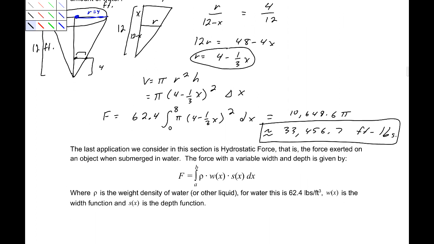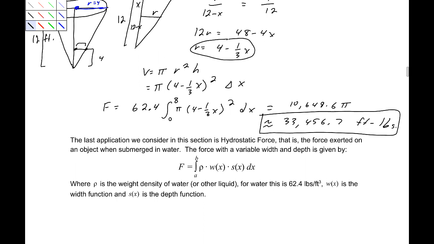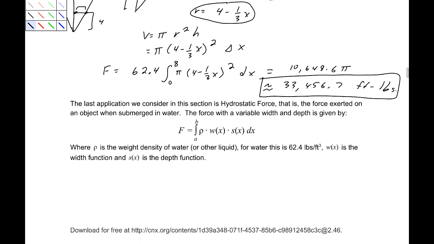If we have a force with a variable width and a variable depth, then our force is given by F equals the integral from a to b of rho, the weight density of the water, times w of x, a width function, times s of x, the depth function. Let's jump into the problem and see if we can make sense of this.